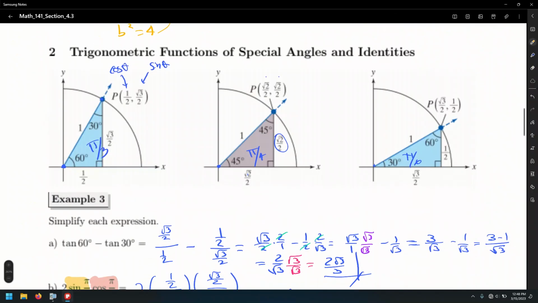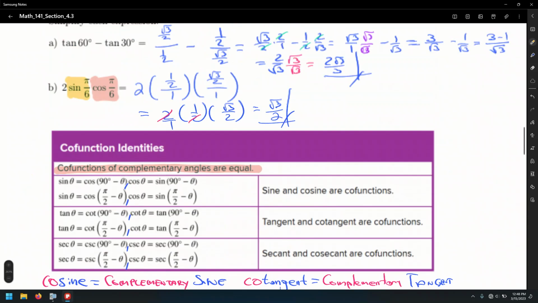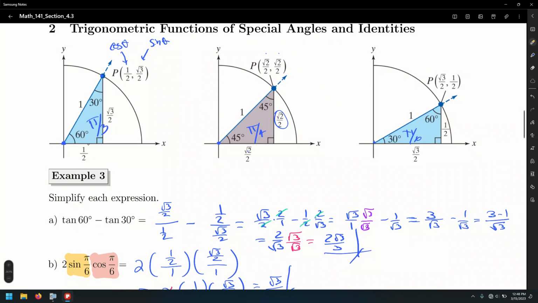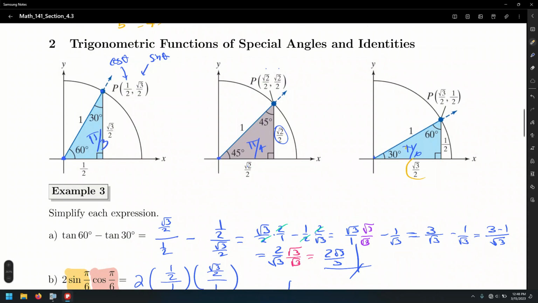Cosine of pi over 6 is root of 3 over 2, the same as sine of pi over 3? It is, right? Cofunctions, complementary functions: find the complement of the angle, and we'd better get the same result.